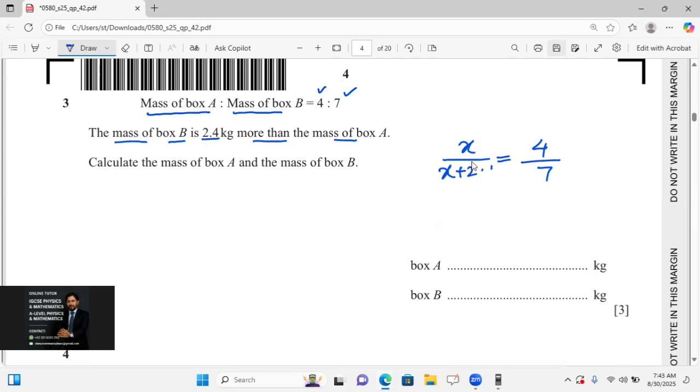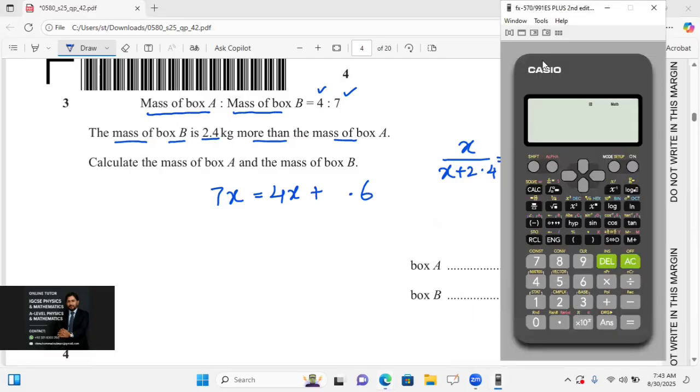This is the linear equation which I have made. I'm just cross multiplying it: 7x is equal to 4x plus 4 times 2.4. Wait a second, let me get a calculator and do this question.